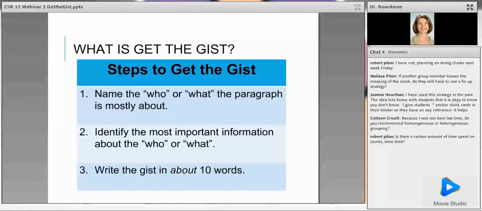I just had a teacher in the professional development on Monday say, oh, I can really see how this works now, because my gist was 20 words and it took a lot of work for me to get it down to 10 or 15, and I can see why it's important, where that synthesis came from, going from big to small. So it doesn't have to be 10 words, but it probably shouldn't be more than about 15.